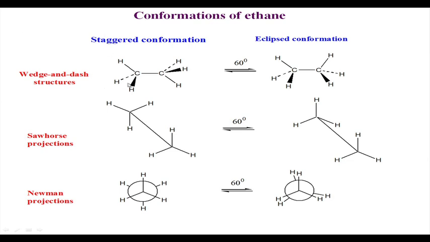So, from the wedge formula you can say that this hydrogen and this hydrogen are opposite to each other. Okay. And if you do the Sawhorse formula, this is the same hydrogen which is beta, and this is the alpha hydrogen. That is the Sawhorse formula of this form.